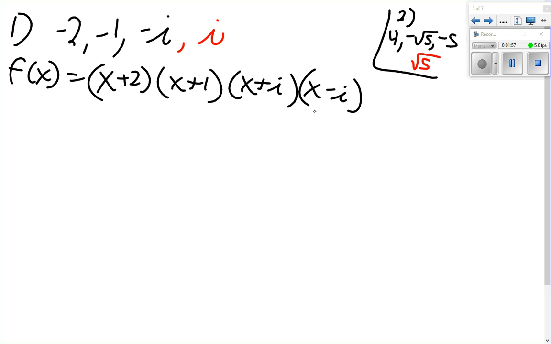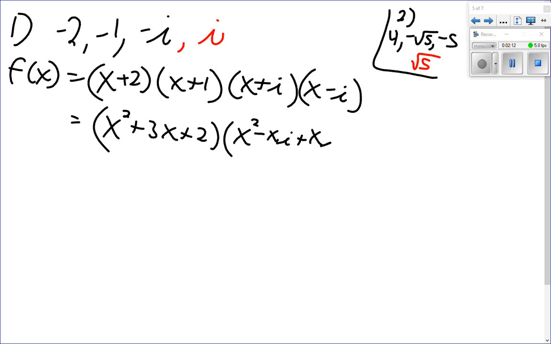Multiply this all together. So I would multiply these together, which is x squared plus 3x plus 2. Multiply these together, which is x squared minus xi plus xi minus i squared. You okay that far? What is i squared?